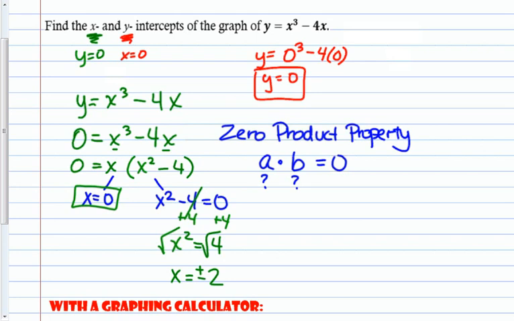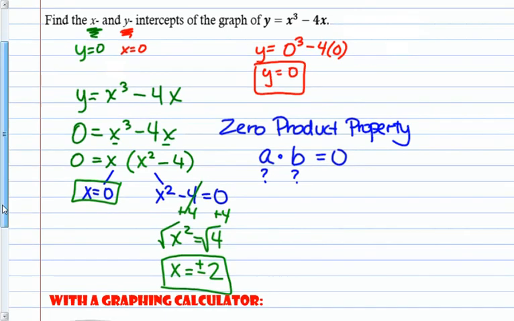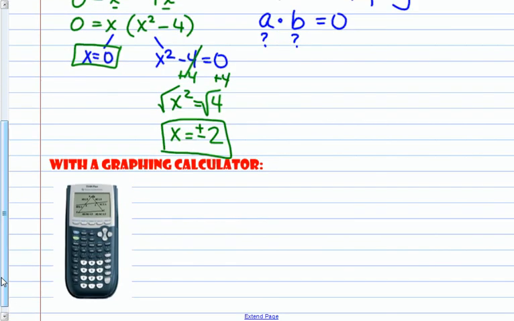So our answers for our x-intercepts are x is 0, x equals -2, and x equals +2. That means that this graph goes through the x-axis 3 times, at x equals 0, at x equals -2, and at x equals +2. Now there's a way to do this on the calculator, and I'm going to write down the steps.